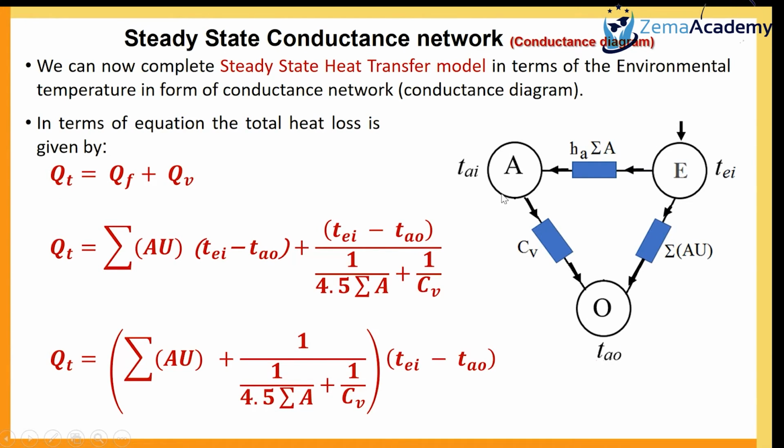On this diagram, you can see the environmental point, air point, and outside air point. Any heat transferred from E to A is through convective resistance, and it can be represented by this. Any heat transfer taking place from air to outside is through ventilation, and it is represented by the reciprocal of ventilation conductance.